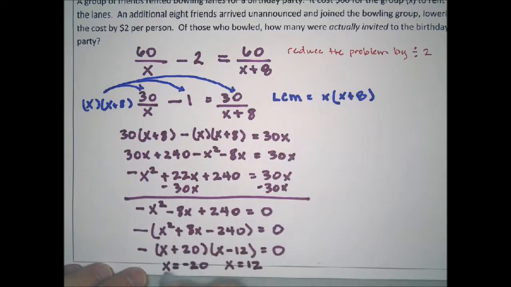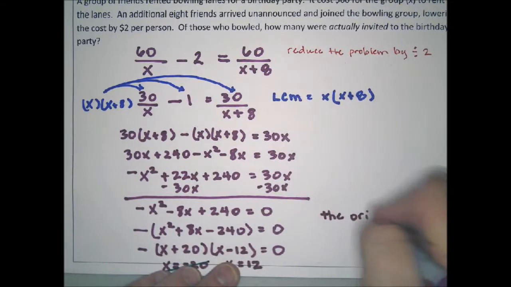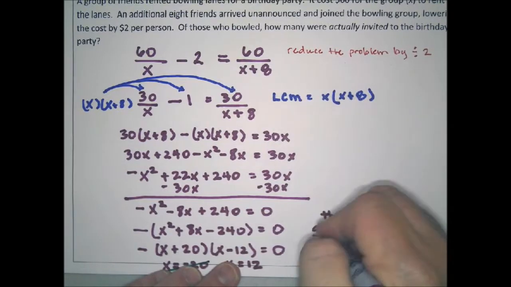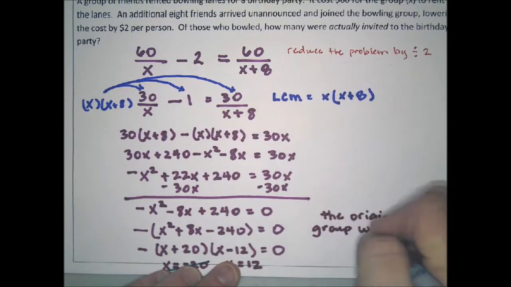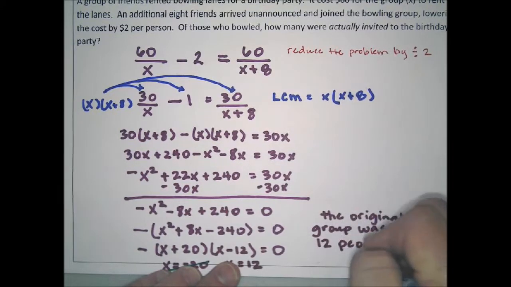So we're going to throw this out as being an extraneous solution. So the answer is x equals 12. The original group was 12 people.